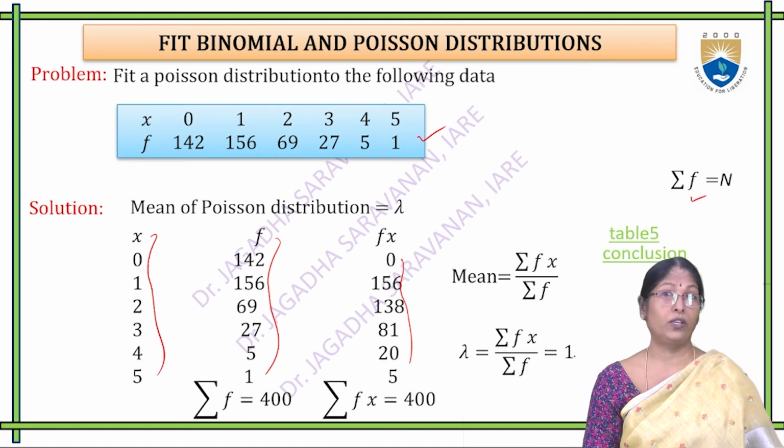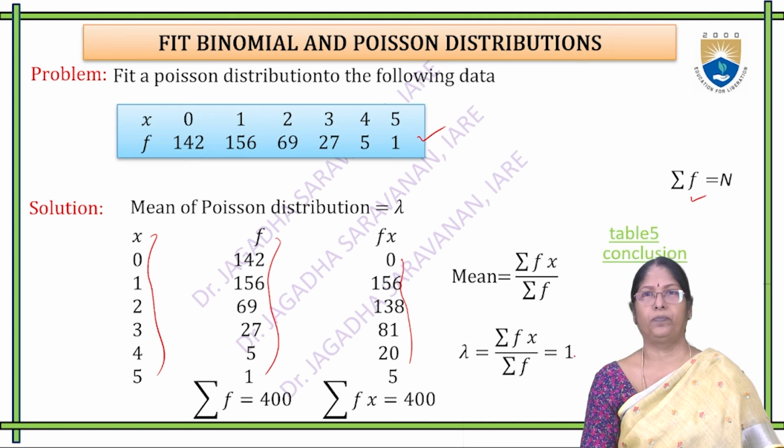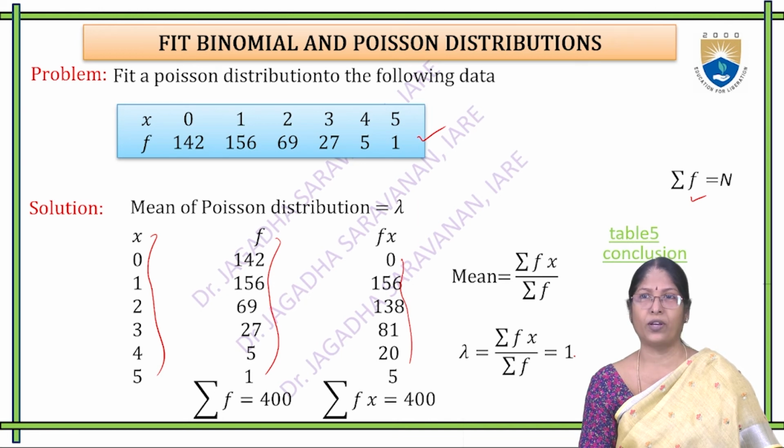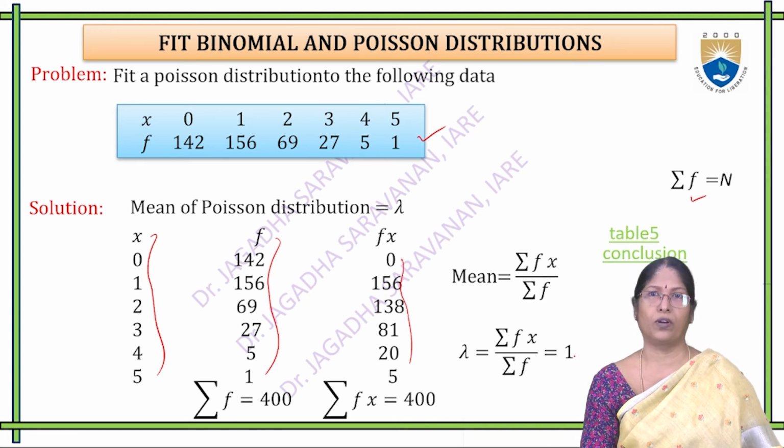Why do we do these steps? The reason is to substitute in the Poisson distribution formula, e power minus lambda, lambda power x divided by x factorial. We don't know the value of lambda. To obtain the value of lambda, these steps are followed.